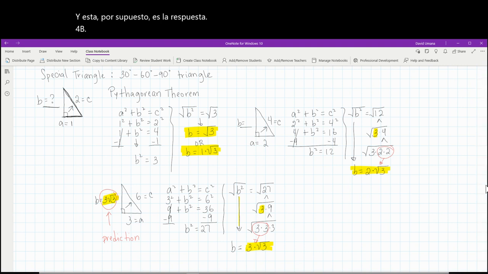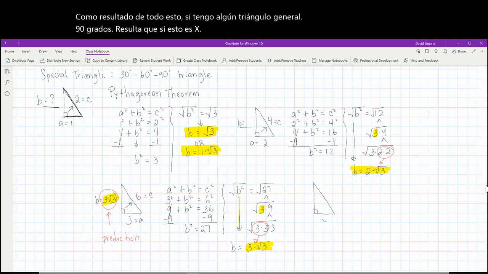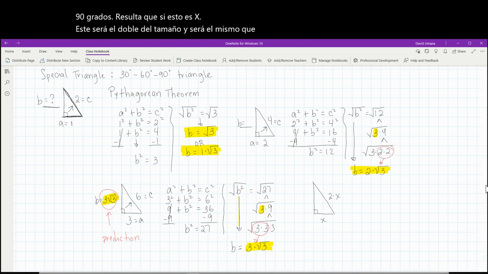As a result of all this, if I have some general 30, 60, 90-degree triangle, it turns out that if this is x, this will be twice the size, and this will be the same as the original shorter side times the square root of 3.